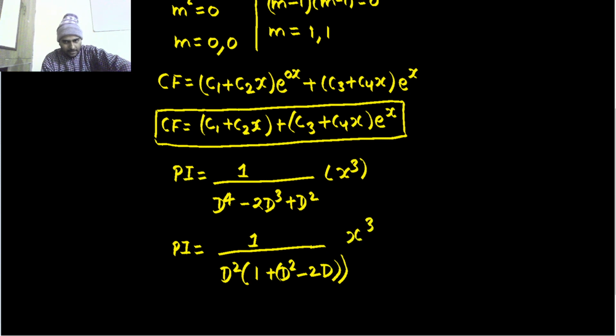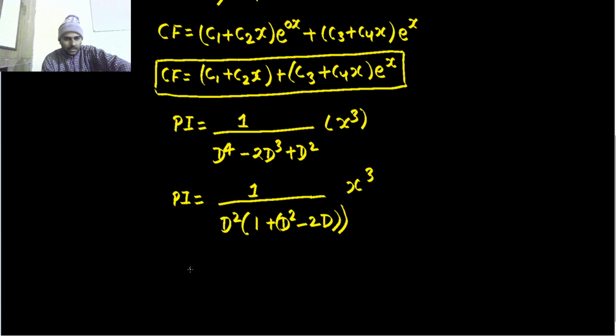This is operating on x^3. So in the next step, as I can see, you have got 1 upon D^2 with 1 + D^2 - 2D.